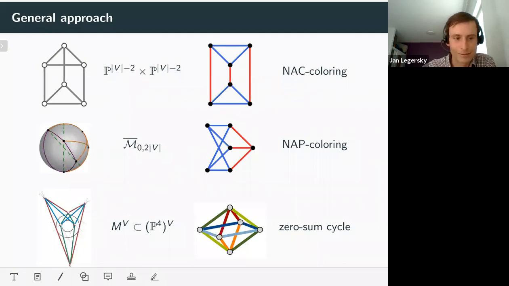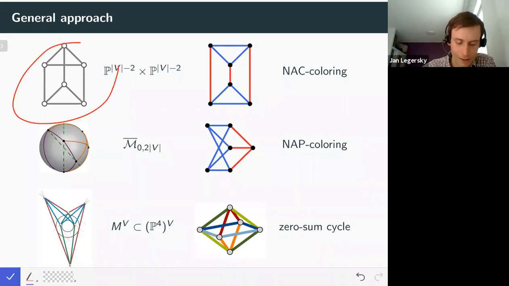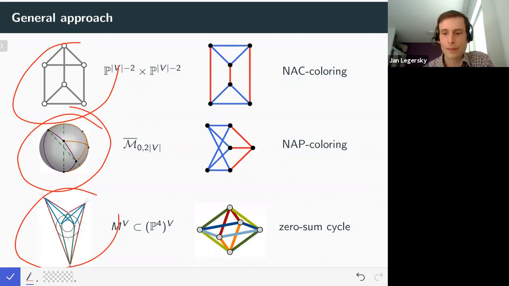The 3 situations we've considered are the planar frameworks, which is indicated here, then spherical frameworks, and then this flexible polyhedra. And the general strategy to get some combinatorial conditions on the flexibility is to consider some compactification of the space of realizations of this particular linkage.